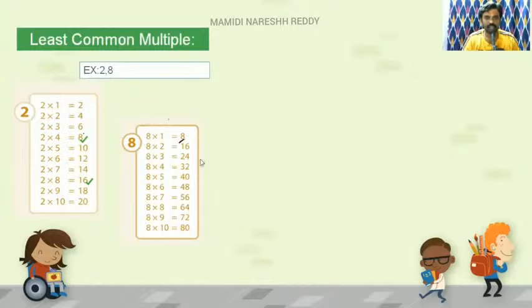So here I am writing: 8 comma 16 comma 24, and so on. These are the first common multiples.